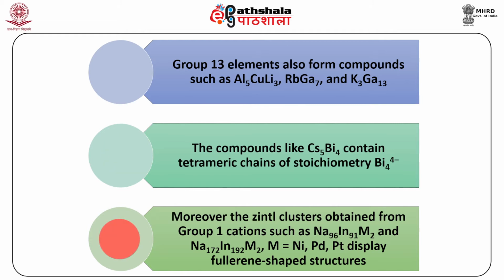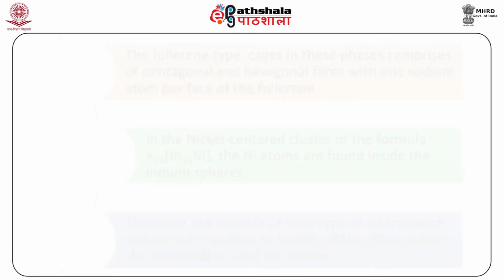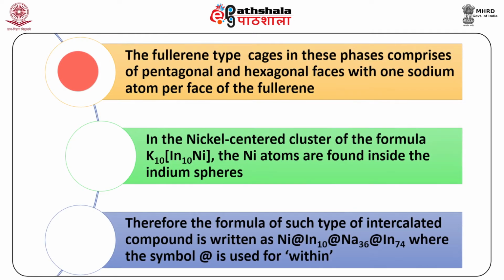Moreover, the Zintl clusters obtained from group 1 cations, such as Na96In91M2 and Na172In192M2, where M can be nickel, palladium or platinum, display fullerene shaped structures. The fullerene type cages in these phases comprise pentagonal and hexagonal faces with one sodium atom per face of the fullerene.